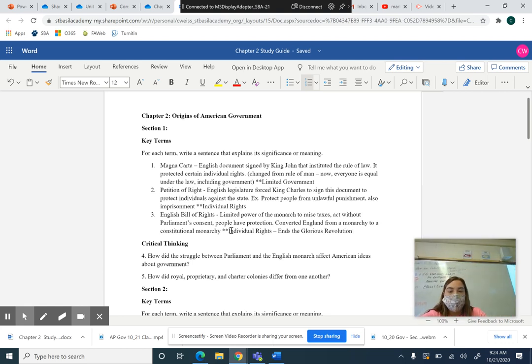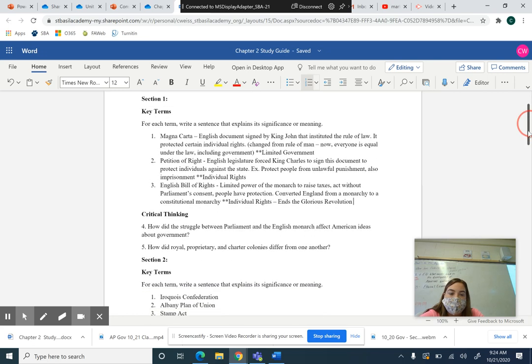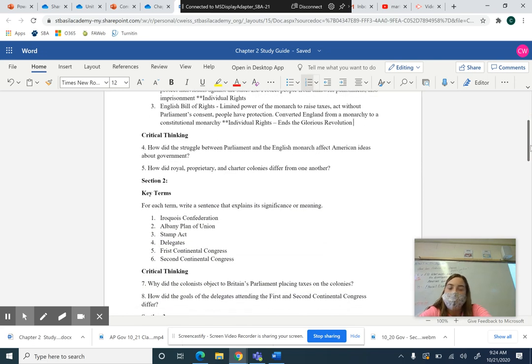Okay. Awesome. So let's look at the critical thinking. How did the struggle between Parliament and the English monarch affect American ideas?